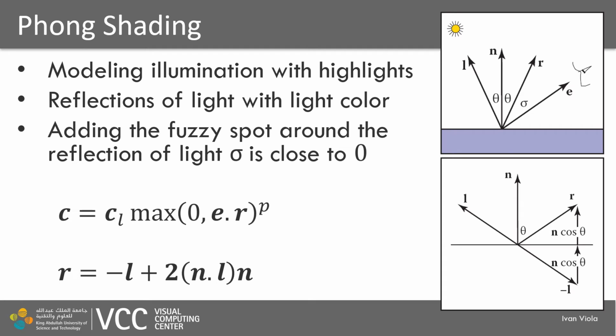The more the viewer is aligned with the reflection vector, the more of the highlight he or she will observe. And the more this is misaligned, the less of the highlight the person will experience.